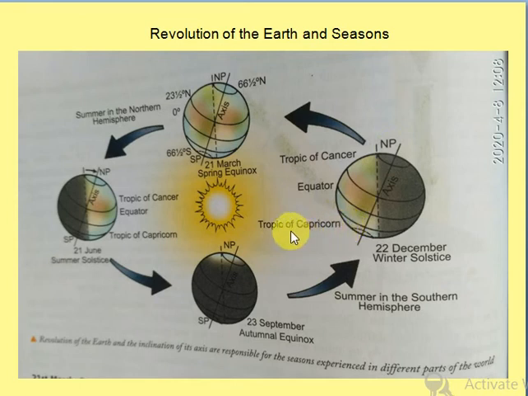As the south pole tilts toward the sun, the sun rays fall vertically at the Tropic of Capricorn, 23.5 degrees south, and a larger portion of the southern hemisphere gets light.